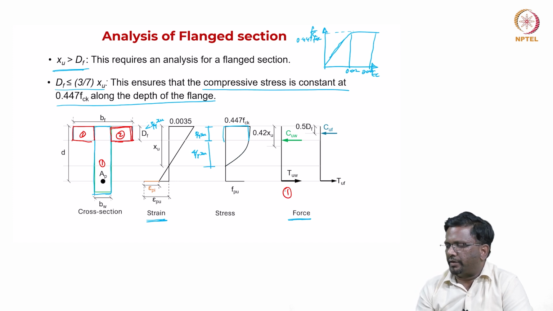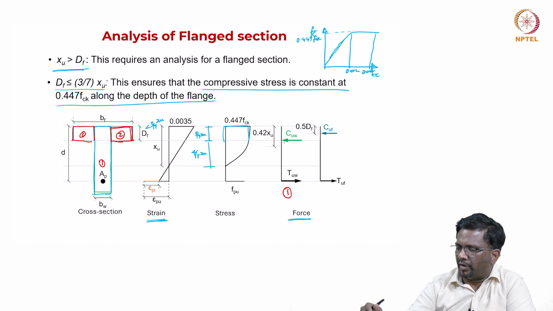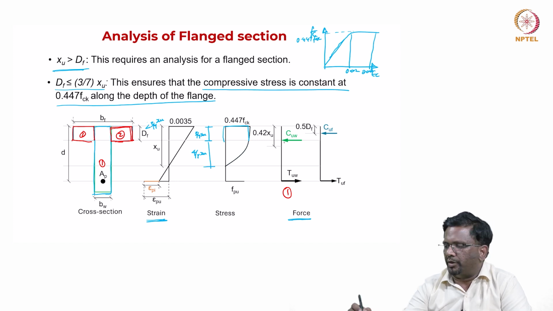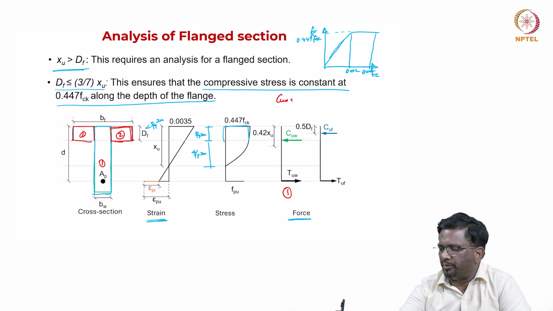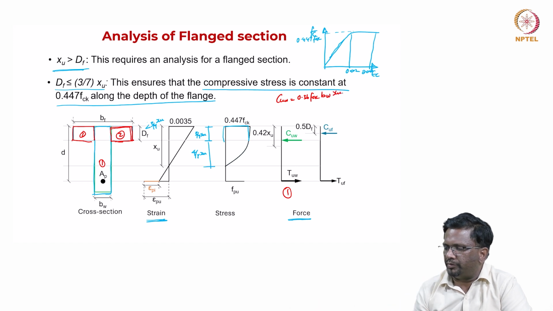I say that CUW is the compression force that is coming from the web. Now, I can quickly calculate what CUW is, right. CUW is going to be 0.36 FCK, but instead of B, I am going to have BW times XU.